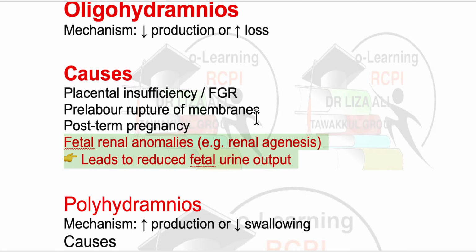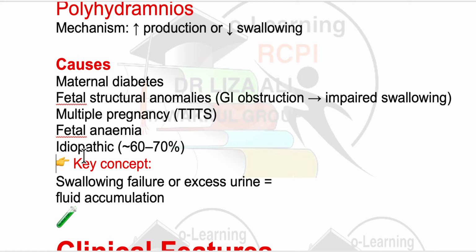The most important cause to remember is idiopathic, and this is a very important MCQ question. How much will it be? 60 to 70%. Remember that figure. Swallowing failure or excess urination will cause accumulation of the fluid.